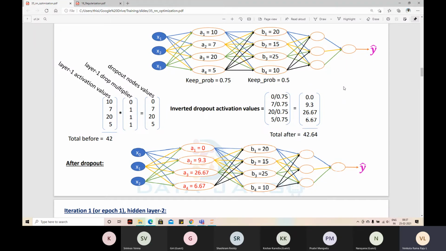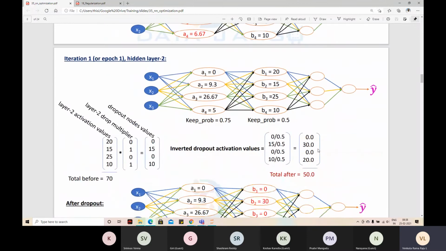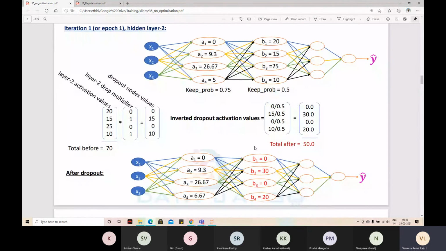So that's the theory, but it's a black box. What is happening inside a neural network? If you take 10 layers and each layer having 20 nodes, it's 200 nodes, and there are many weights in there. You don't know what's happening where, so it's all black box. But theoretically, total before and total after should be close to each other. Then the model will reduce overfitting and work best on train set, test set, and all that.